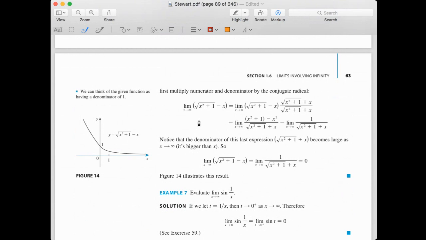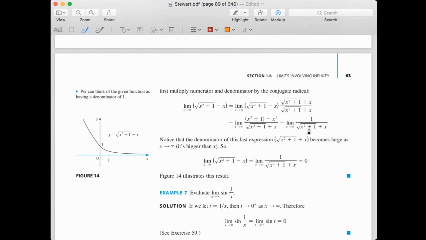We don't know what infinity minus infinity is, right? So what do we do? Let's multiply by its conjugate. This is always a trick to get rid of the square root. Multiply by its conjugate, simplify, so we get 1 over this.